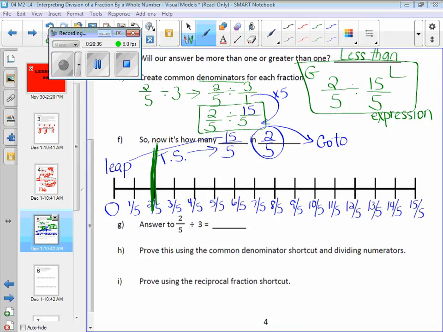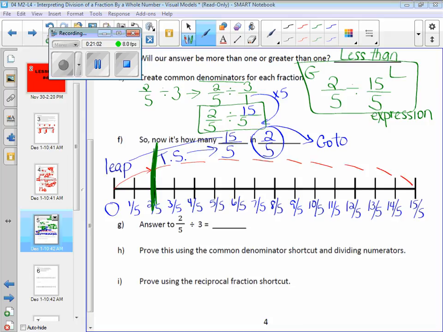There's my wall. 2/5, right? And how am I leaping? By 15. So my thing is, okay, here I go. I'm jumping, and guess what I did? I hit the wall. But I can keep going to 15.